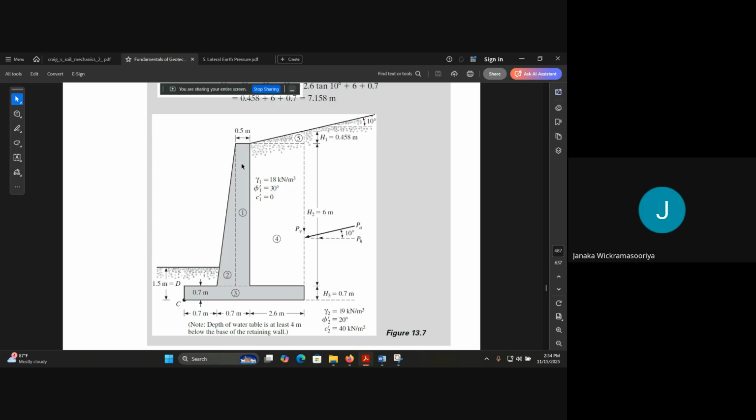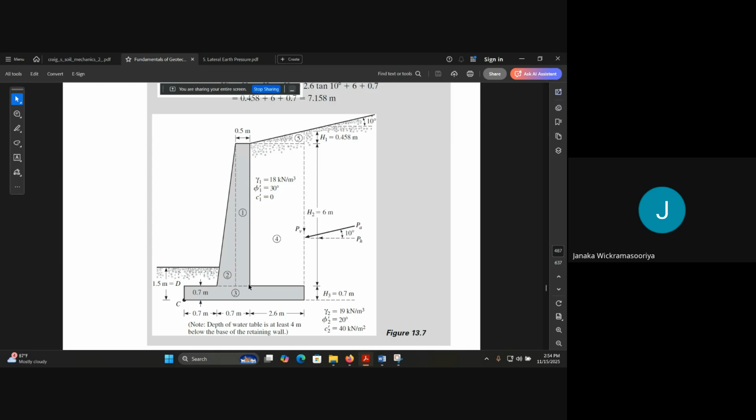This first rectangle is section number 1, and this triangle would be 2. That means this triangle times 1 meter length, right?